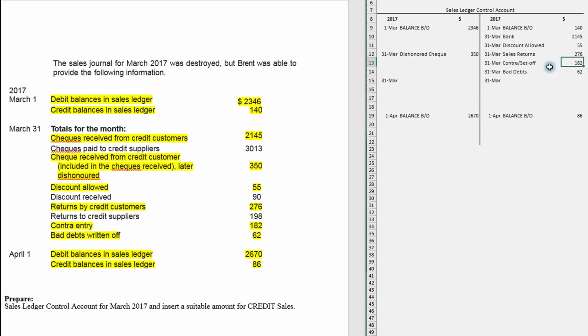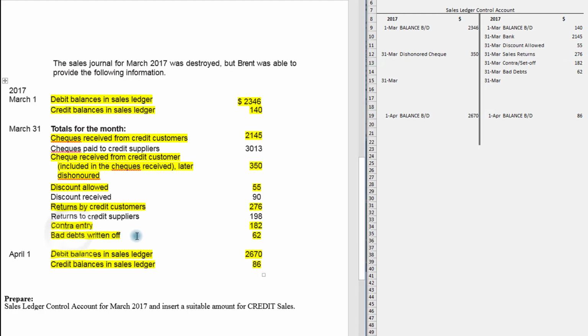Let's assume that customer owed us 182, and we owe that person, let's say, 190. The smaller of the two figures, the 182, would come in both places, and then the difference would be paid later on.